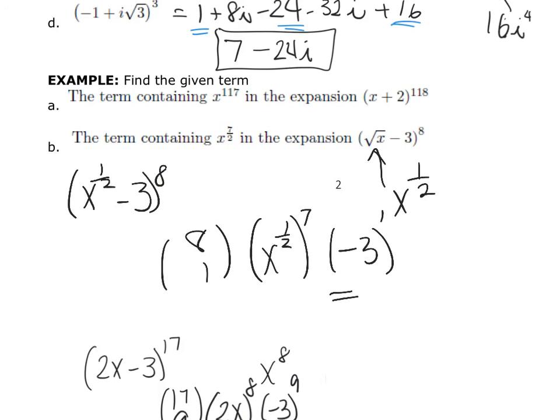What is 8 choose 1? 8. All day long. So this is negative 3 times 8, so it's a negative 24 x raised to the 7 over 2, and that's your final answer. That's it. Boom. Done. How was these compared to some of the other stuff we've done so far? It's all easy.